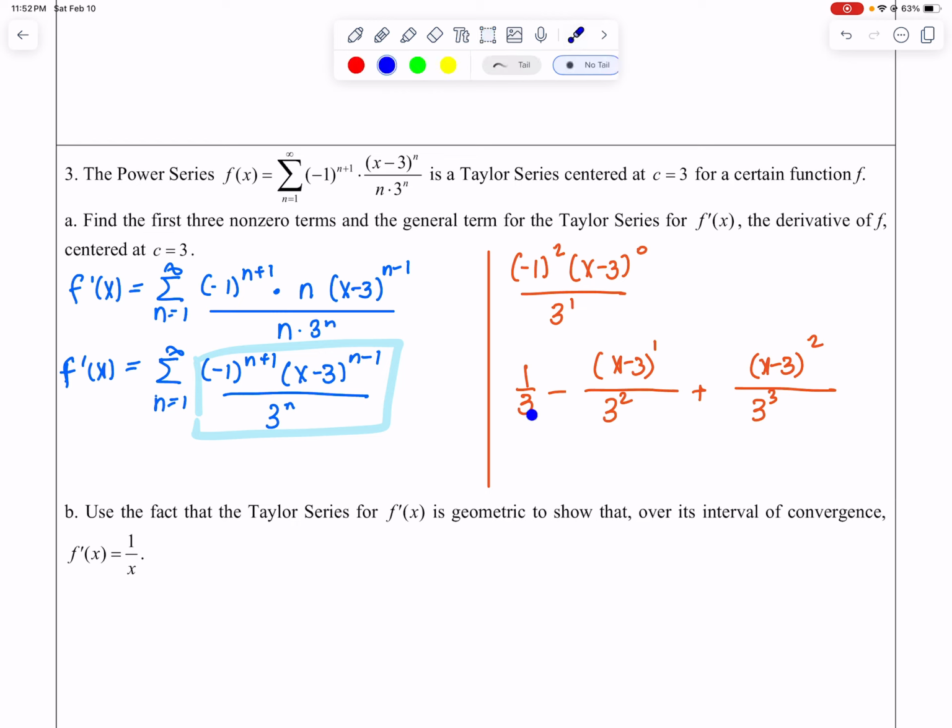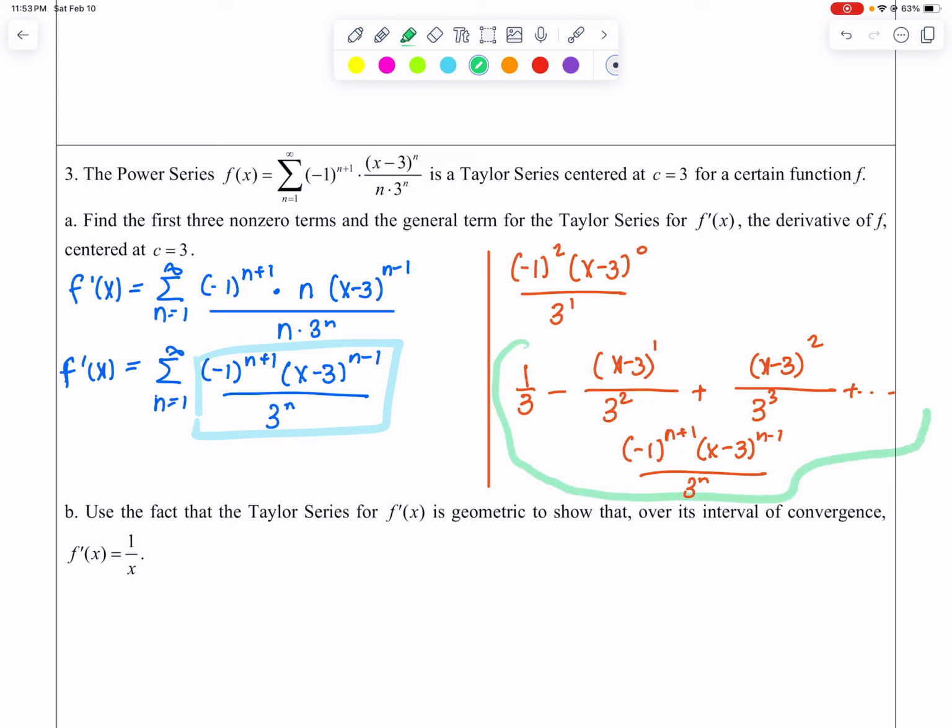So this is my first, this is my second, this is my third, and then, of course, you want your general term along with the first 3 non-zero terms. So this right here gives us my first 3 terms and my general term.